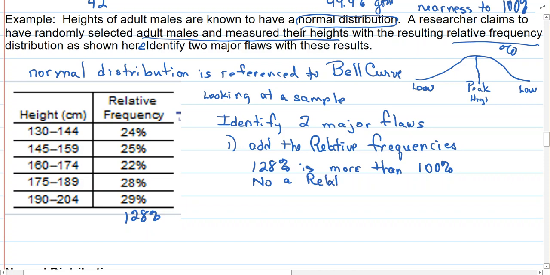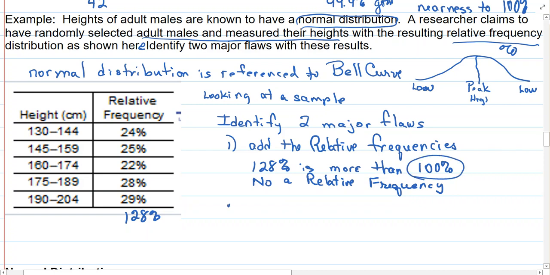So we don't know if there is a mechanical error on the data or a transcription error. In either case, it does not add up to close to 100%. Therefore, that's one of the flaws.